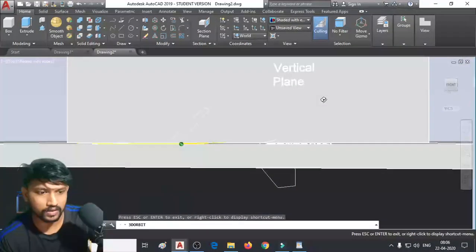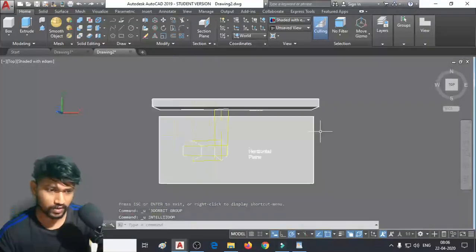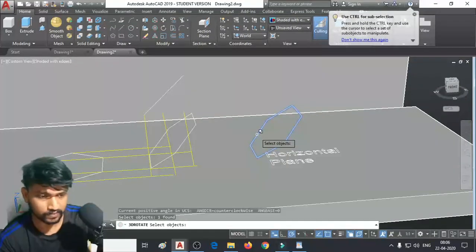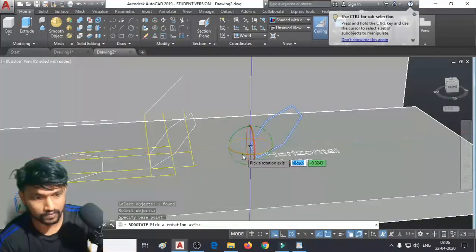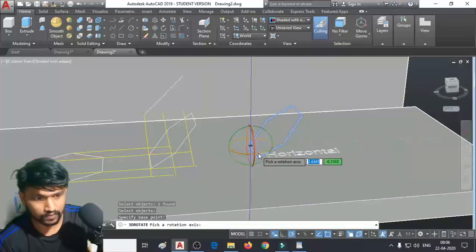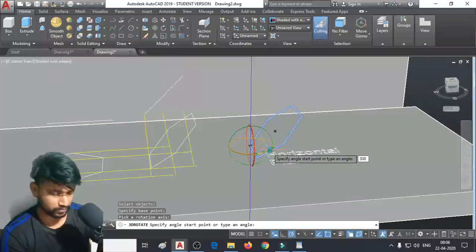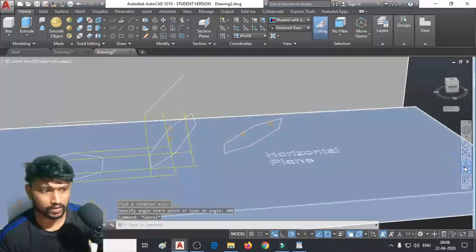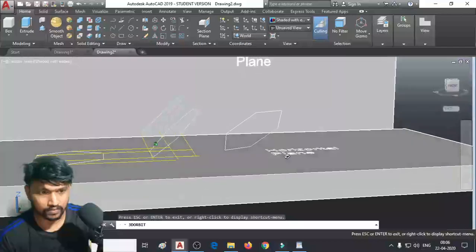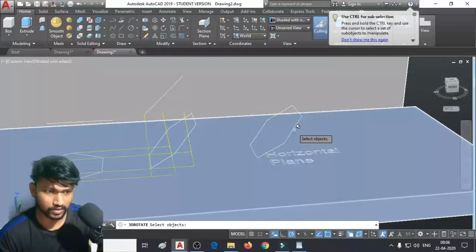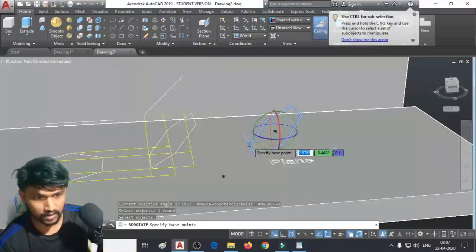Wait, what have I actually done? I think I have rotated this one about some other plane. This is 270, so 300 is fine. What the? I've rotated using blue, but it is being rotated by another axis.